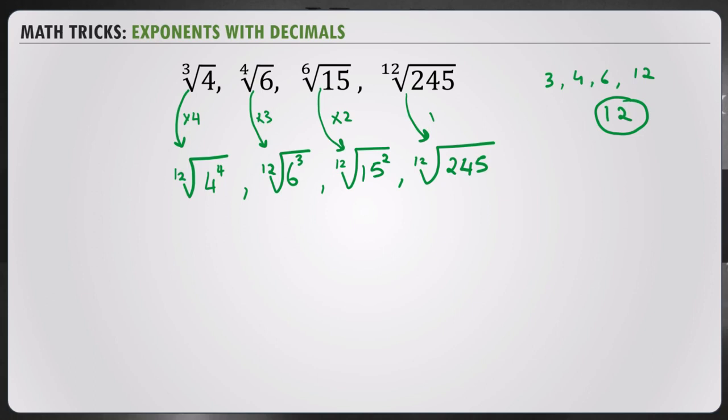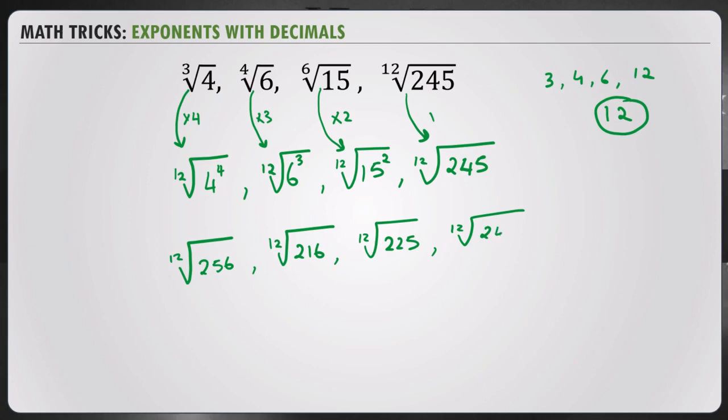Then we have the 12th root of 4 to the power of 4, which is 256. The 12th root of 6 to the power of 3 is 216. The 12th root of 15 squared is 225. And the 12th root of 245.